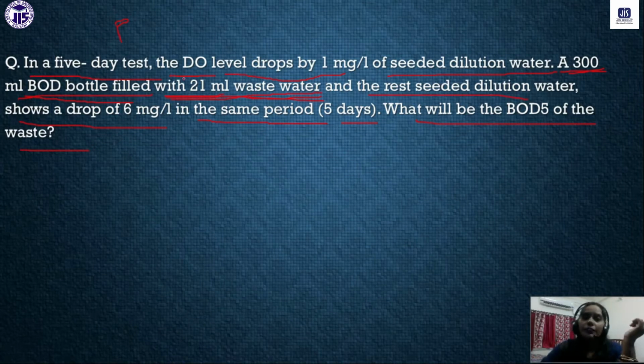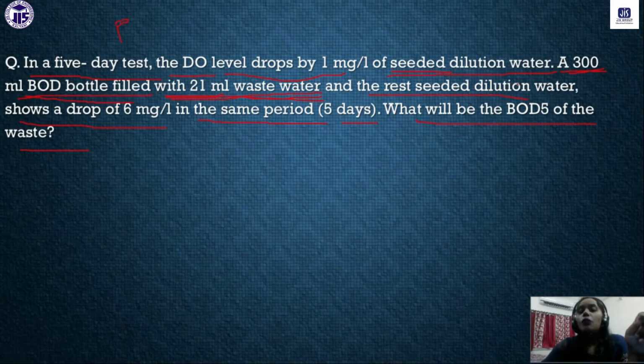In the first line: in a 5-day test, the DO level drops by 1 milligram per liter of seeded dilution water. Now, what do you mean by seeded? Seeded means, this is a BOD reaction. In the BOD reaction, we require dissolved oxygen for the decomposition of the biodegradable waste materials, and we also require microorganisms.